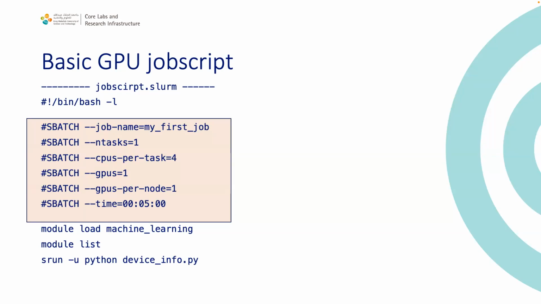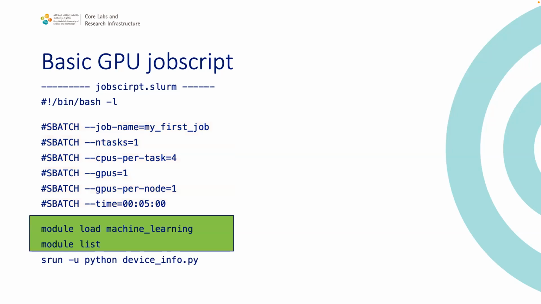And then after that, you start telling what you want. In this example, you want to load the machine learning module that we have inside Ibex. Which, by the way, what are modules? Modules are programs that we, as a team, have already prepared for you to use, that you can load, so you don't need to install them again.